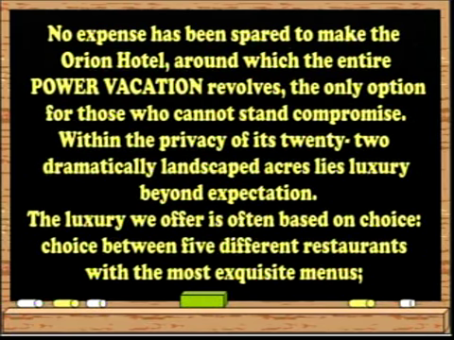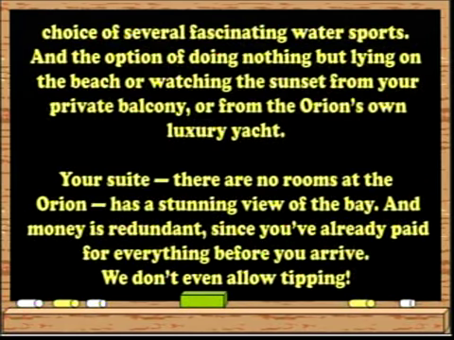Within the privacy of its 22 dramatically landscaped acres lies luxury beyond expectation. The luxury we offer is often based on choice, choice between 5 different restaurants with the most exquisite menus, choice of several fascinating water sports, and the option of doing nothing but lying on the beach or watching the sunset from your private balcony or from the Orion's own luxury yacht.